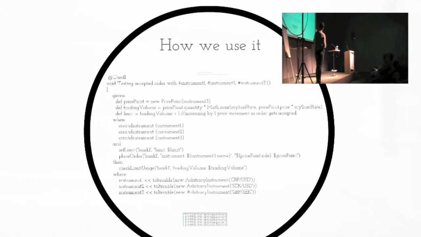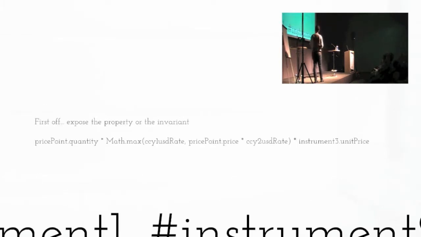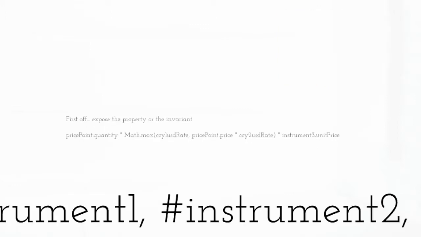And you have the trading volume being calculated based on a formula. And this is the formula that we extracted from the story. You might need to simplify it, and maybe split it in different variations, but this is your invariant, your property.